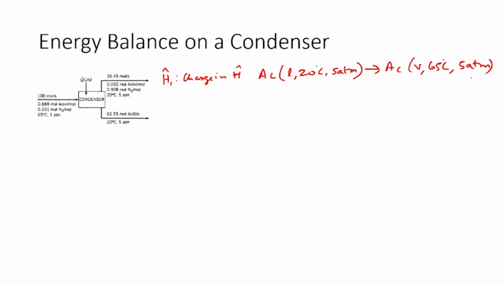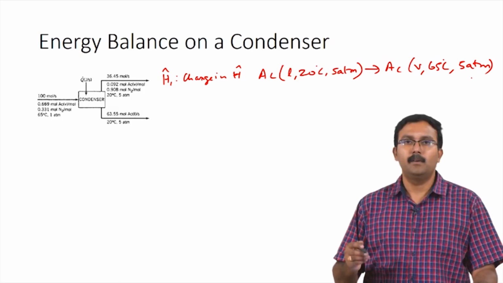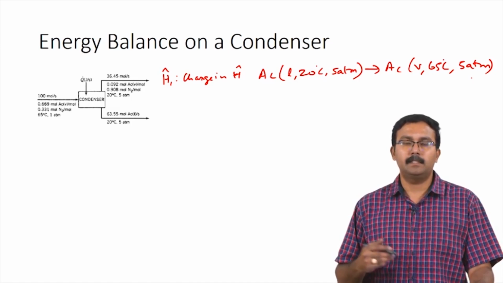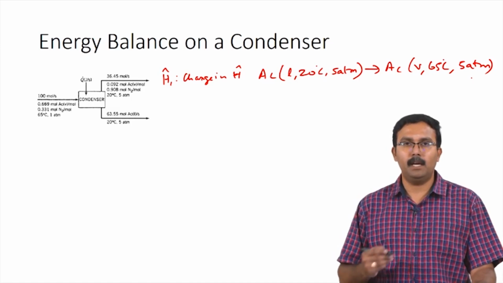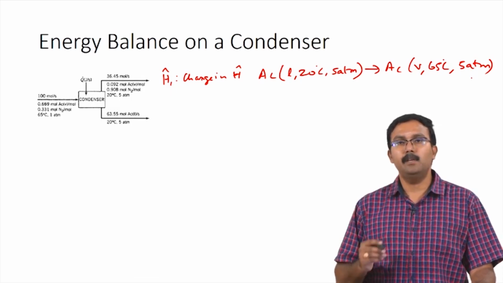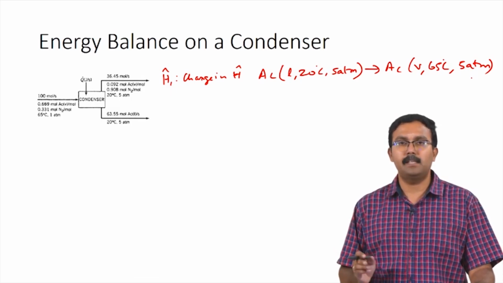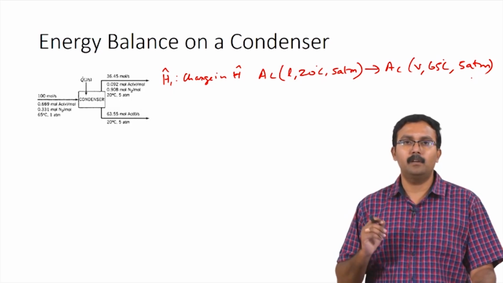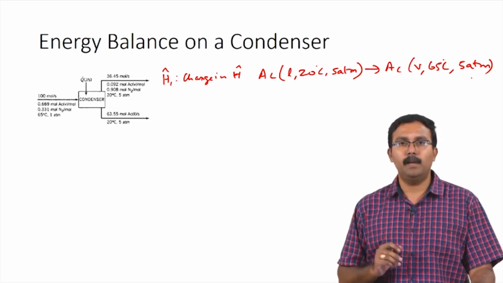So, for this process we now need to build a hypothetical path, because here you have phase and temperature changing. So, we would have to build a hypothetical path in a way that we would be able to calculate individual enthalpies. As I already mentioned, you can build a hypothetical path for a process having phase change only when you know the enthalpy of phase change at some point. So, which is usually available for boiling point or for melting point.